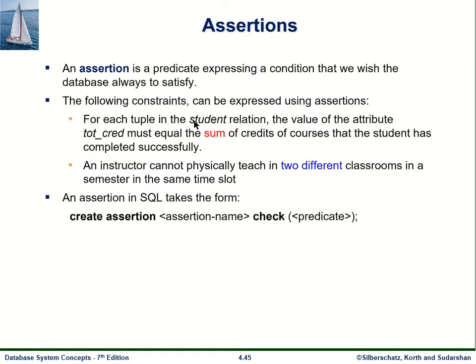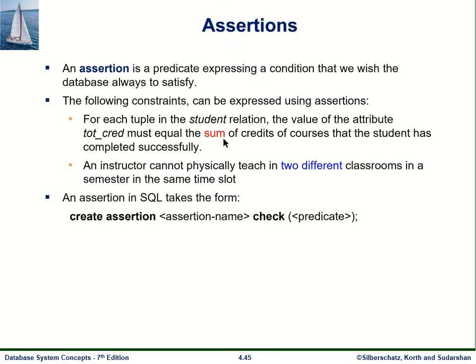Like this one. For example, for the student relationship, for each tuple of it, the total credit must equal the sum of the credits of all the courses that have been taken by the student. So that means even if it's not multiple tables, we still need to do summation.